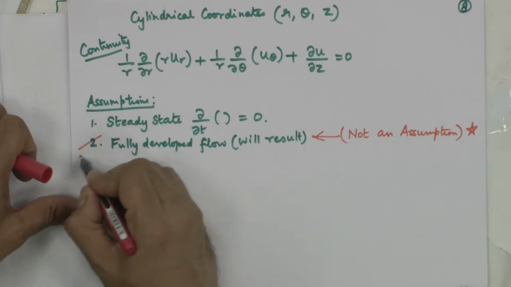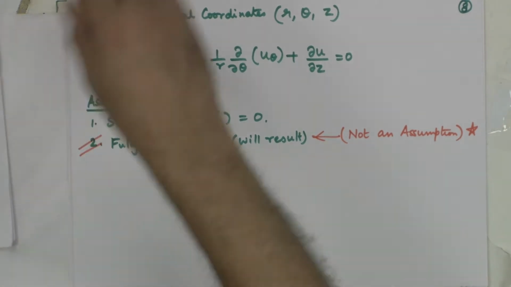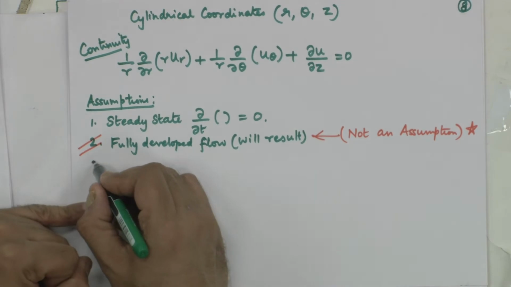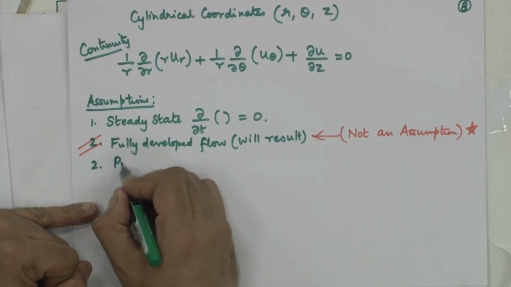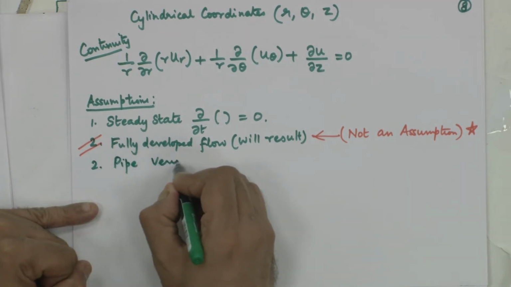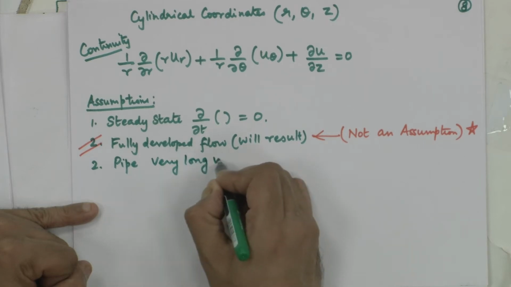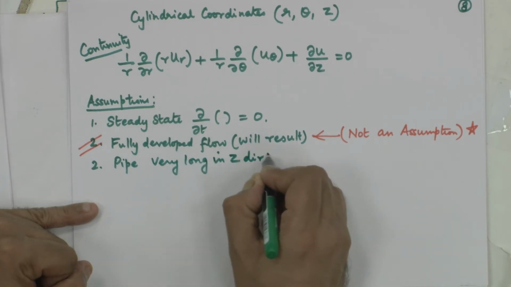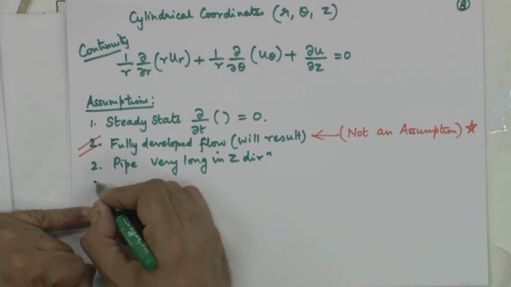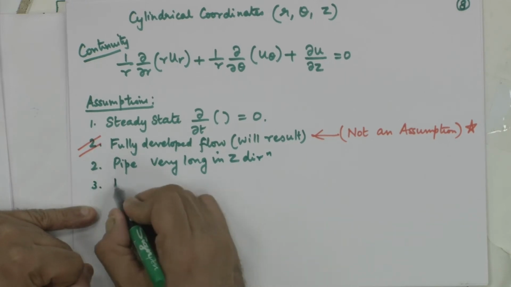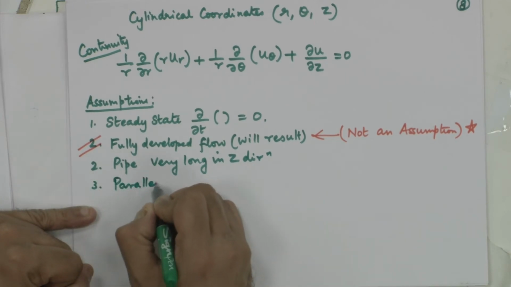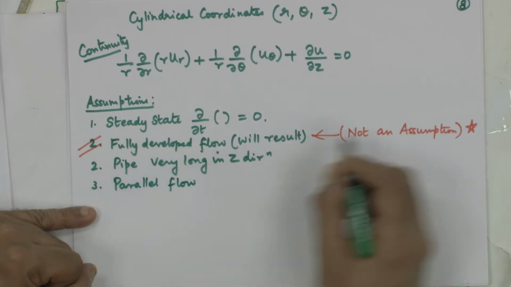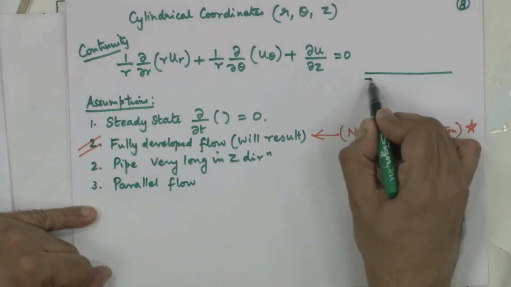So, I won't call this number 2. Number 2 is: pipe very long in the z direction. That means there is no specific favor with a particular z location. Parallel flow, laminar flow, essentially where the streamlines are this way.